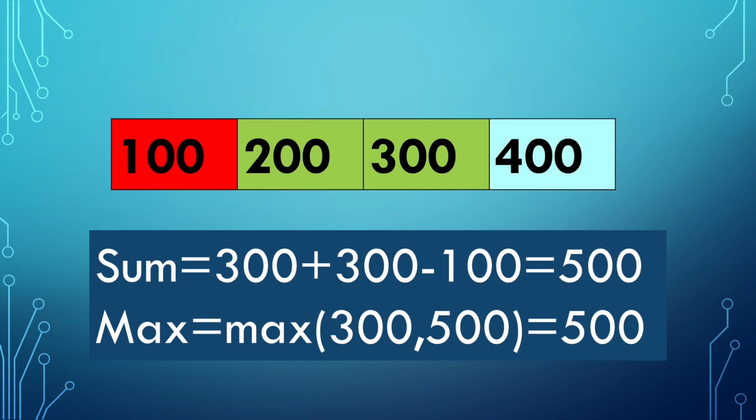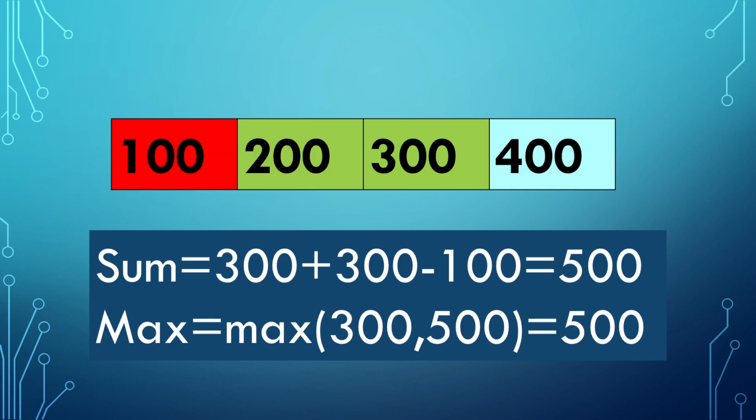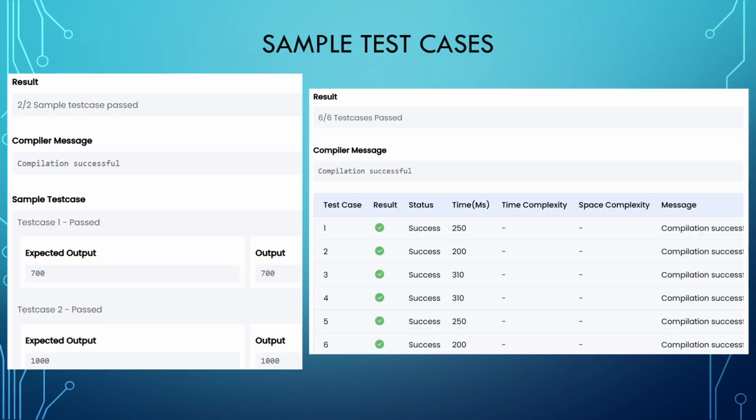So our current sum is 700. Our max will be the maximum of the previous max value and the currently computed sum, which is the maximum of 500 and 700, which is 700. So we will be returning 700 as output, which is considered to be the maximum profit or revenue which we have achieved in any k consecutive days from the n days of sales data provided as input.